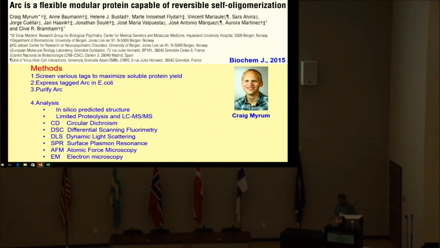And basically what came out of it is that we were able to provide evidence that it has two major domains and an unstructured linker region. And throughout the domains, it is a flexible, floppy protein in terms of its properties. We also show that the recombinant protein exists as a monomer and undergoes reversible oligomerization. So with high temperature, you can get it to oligomerize and bring it back down.